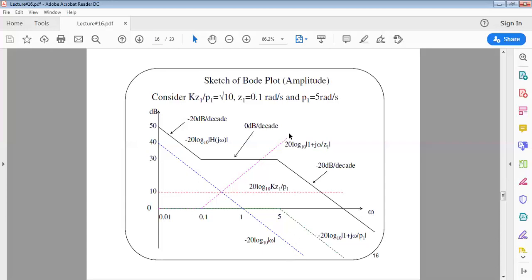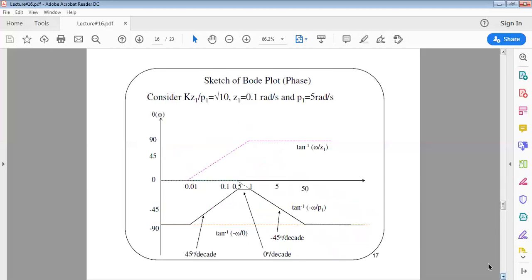When we add these three slopes together, we have a net slope of negative 20 dB per decade. That is why from 5 onwards, the slope becomes negative 20 dB per decade. So this is the addition of the individual plots that leads to the formation of the final solid line. Hopefully you are clear about this.